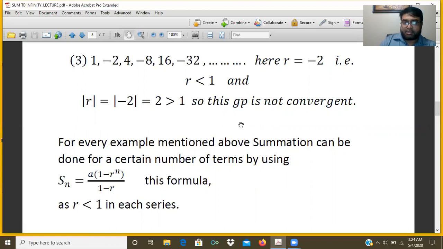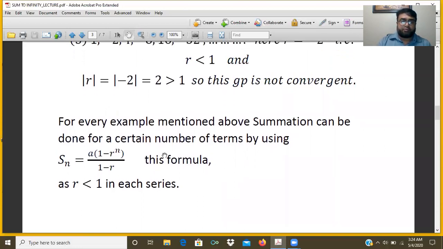That means r being less than 1 may happen, but when you apply the modulus of r, it may not be less than 1. So a convergent series is a series where the modulus of r is less than 1. Why we are talking about the convergent series, you will understand a bit later.